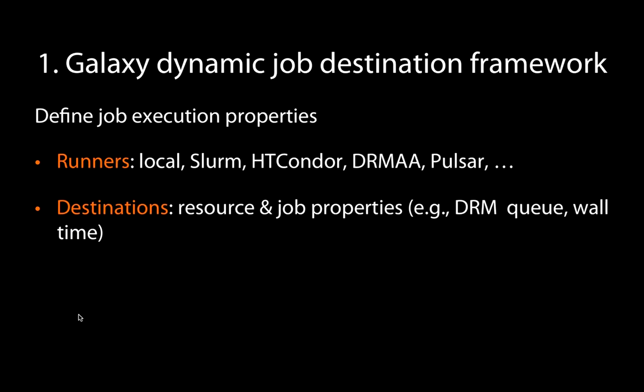And so, like I said, we have three components. The first one is the Galaxy Dynamic Job Destination Framework. It manifests itself as an XML file that allows you to specify job execution definitions and properties. It revolves around two concepts.